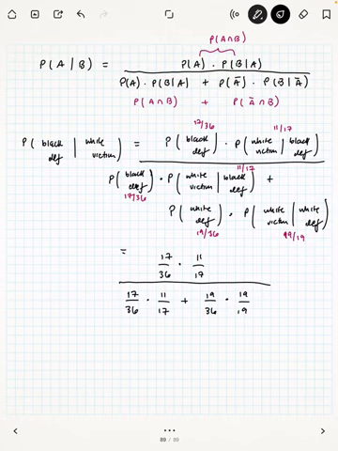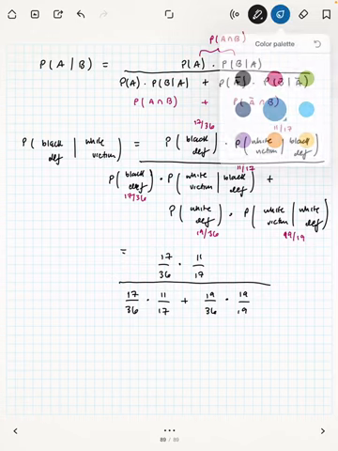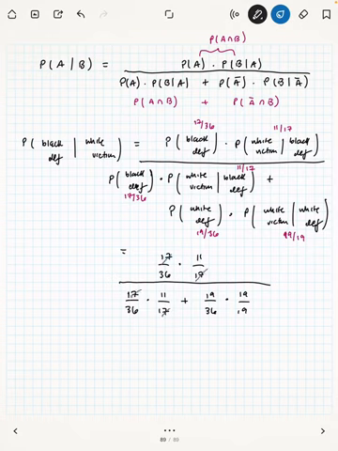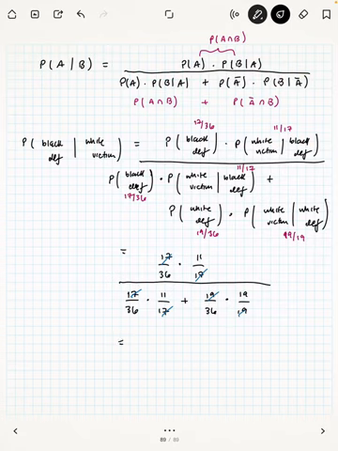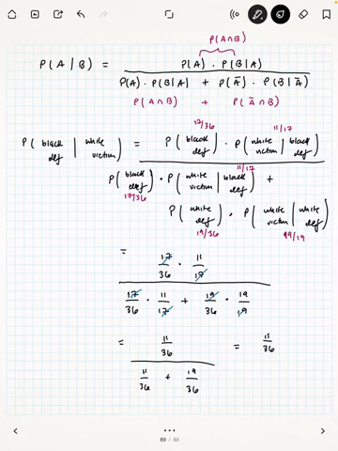And so there's going to be some nice cancellation here. The 17s go away, the 19s go away. And we end up with 11 over 36 all over 11 out of 36 plus 19 out of 36. And all the denominators are the same, so it's going to work out really nicely. We'll end up with 11 out of 36 divided by 30 out of 36, which is 11 out of 30.